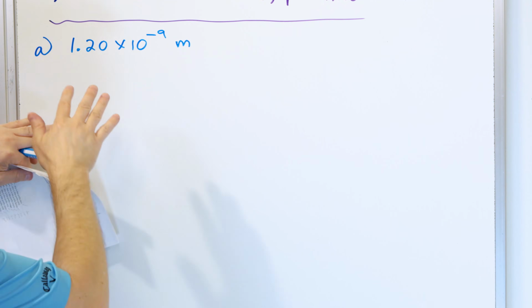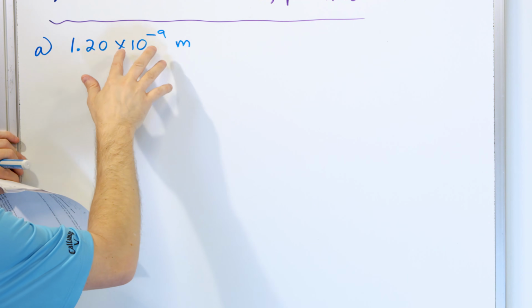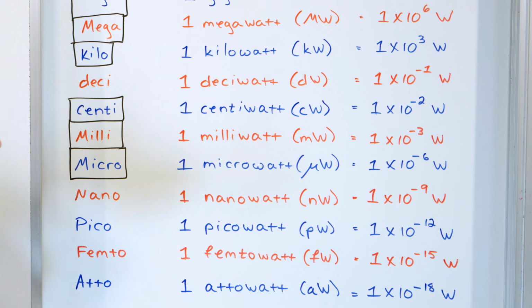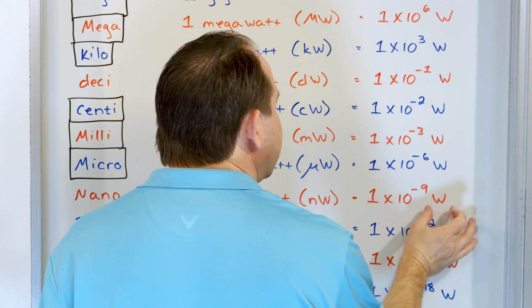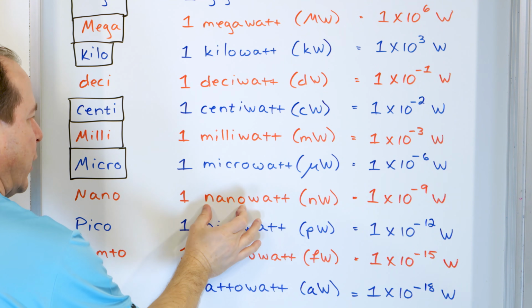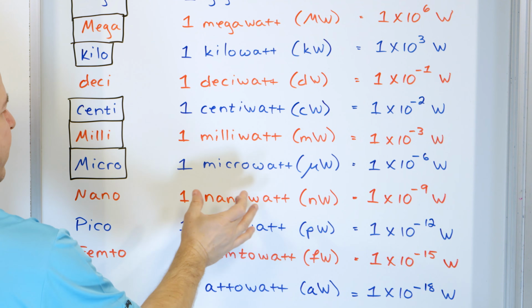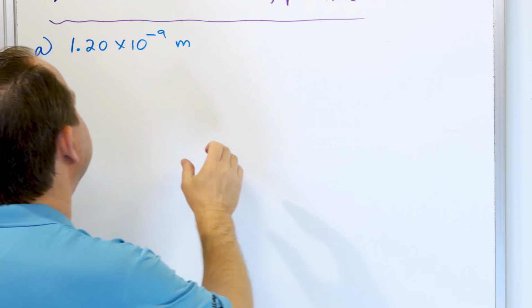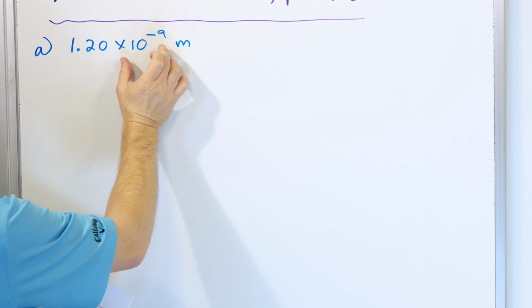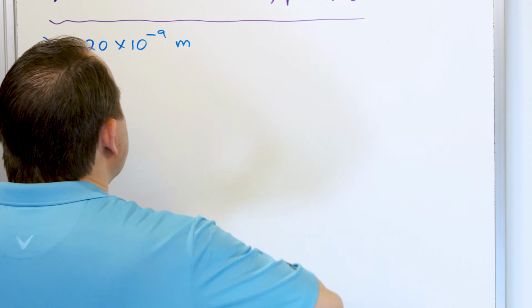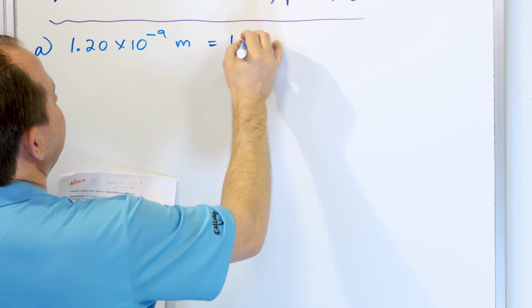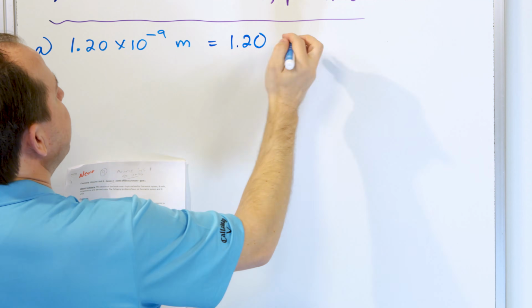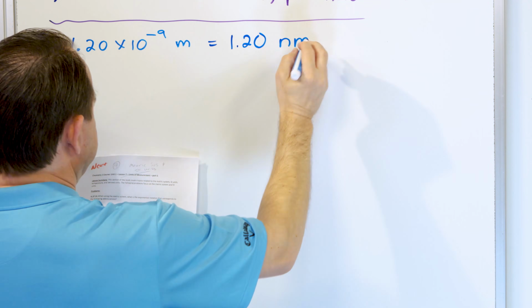The actual number is 1.20 times 10 to the minus 9. So we go over here and say, well, 10 to the minus 9 is what we call a nano something. So what we're talking about here is not watts, but nano means 10 to the minus 9. So since this is 1.20 times 10 to the minus 9, what we say is it's 1.20, and then this whole thing can be replaced with nanometers.